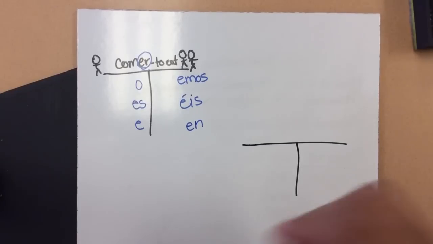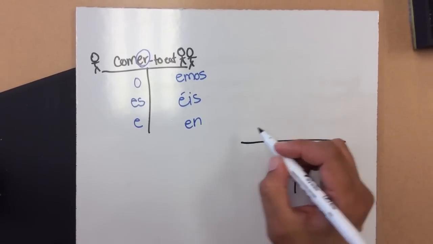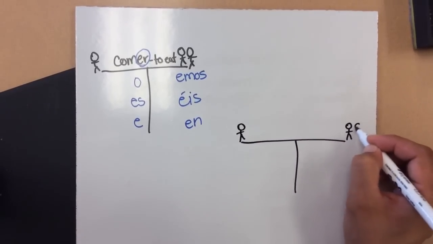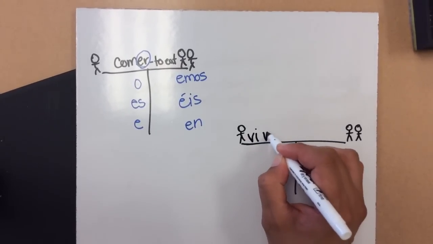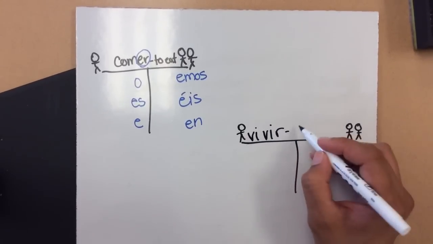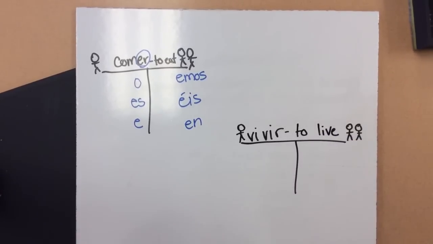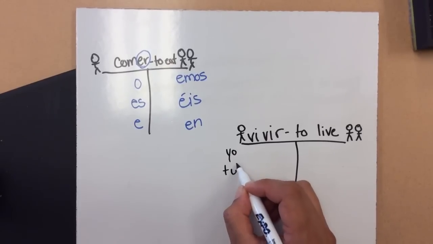Let's look at vivir. Left side is singular, right side is plural. We have the verb vivir, and that means to live. Okay? Again, I want to add my subject pronouns.